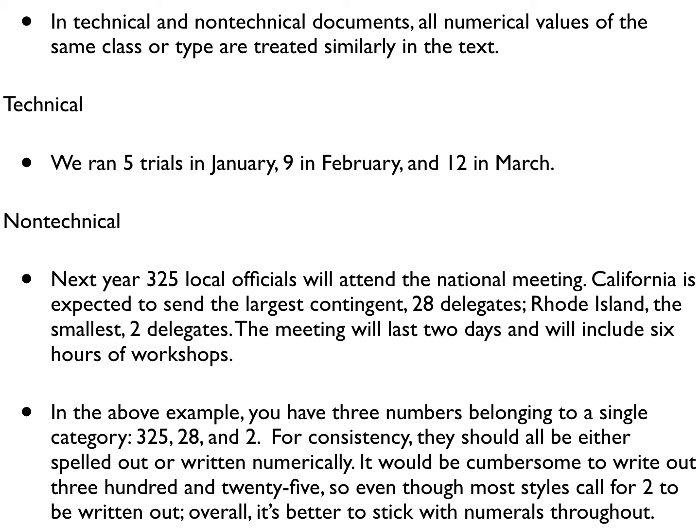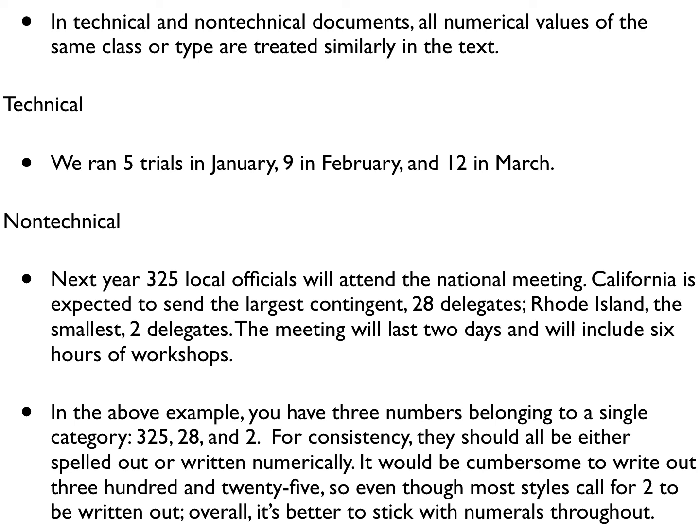So how do we know what to spell and what not to spell? Well, we're going to stick to specific categories. Next year, 325 local officials will attend the national meeting. It makes sense to use a numeral for something like 325.